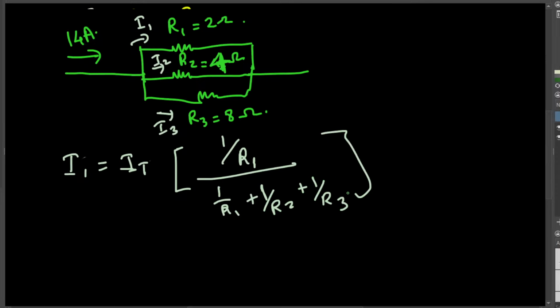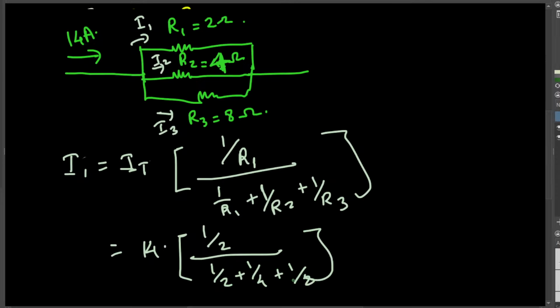Now let's plug in all the values. We know the total current, that's 14 ampere, and then 1 over R1, that is 1 over 2, and then 1 over 2 plus 1 over 4 plus 1 over 8. If you simplify this and solve, you're going to get 8 ampere for I1.